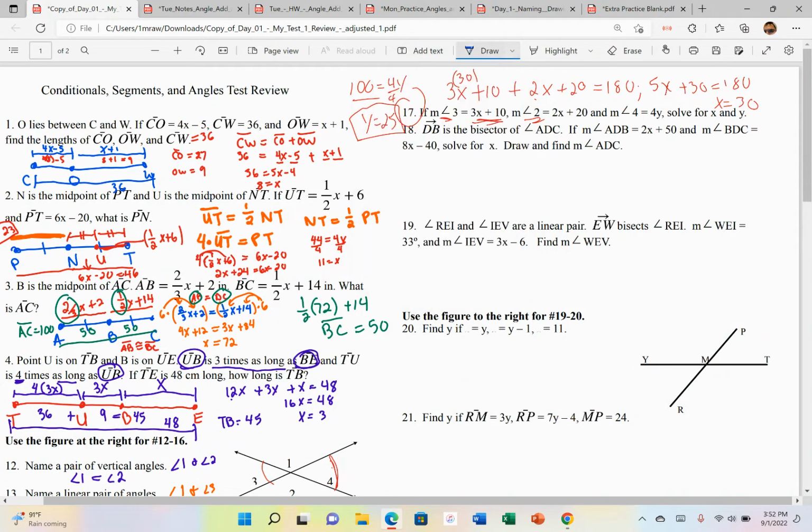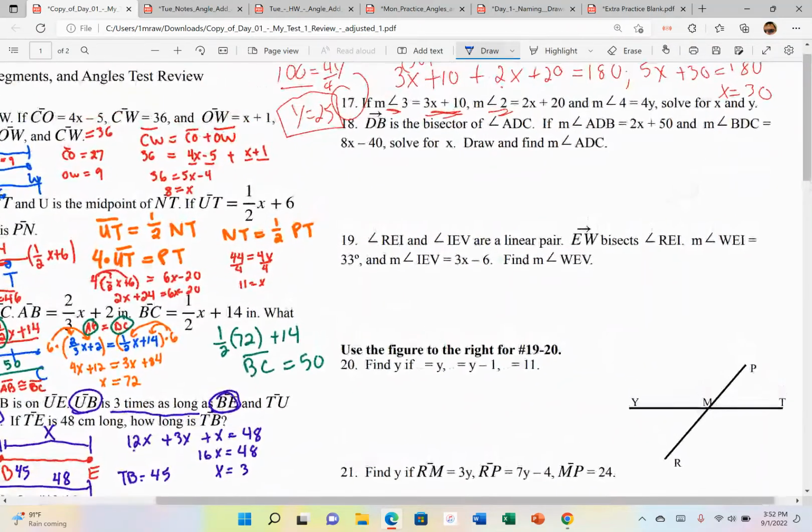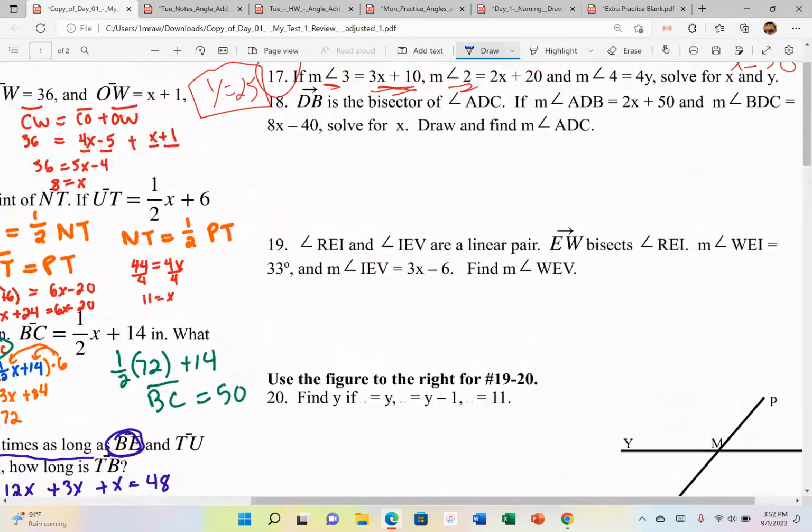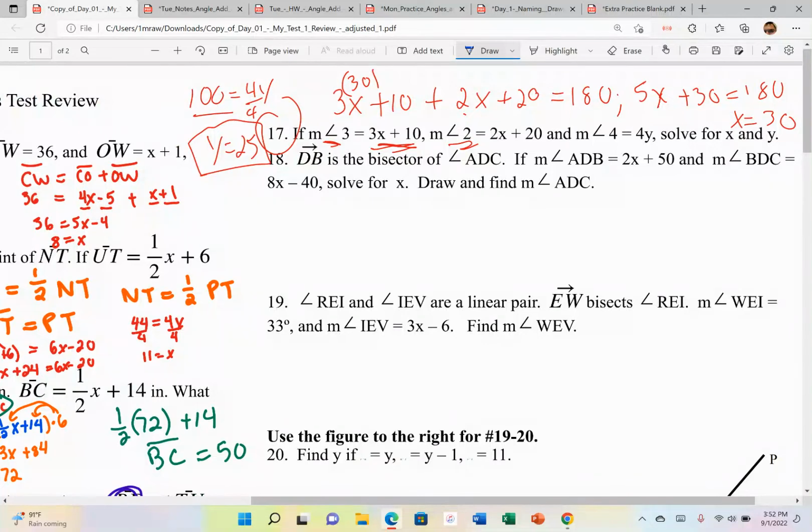Oops. Okay, so now we're looking at 18. 18 is by itself. It's describing what's happening. It says ray DB is the bisector of angle ADC. So I'm going to go ahead and draw this, and remember that when I draw this, it's just for visualization, not for 100% accuracy.